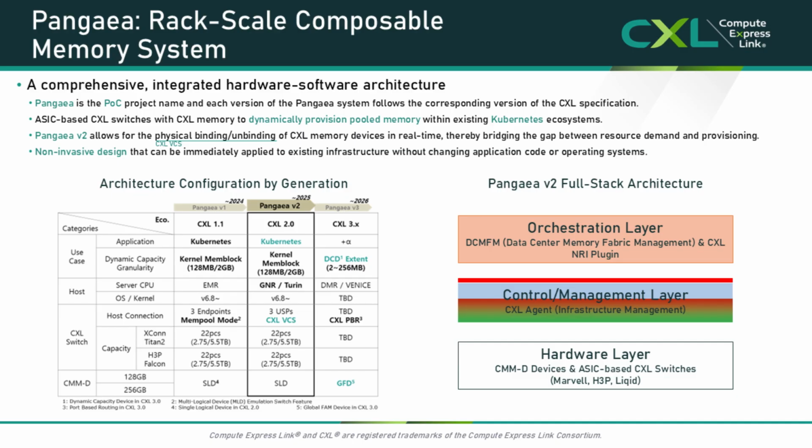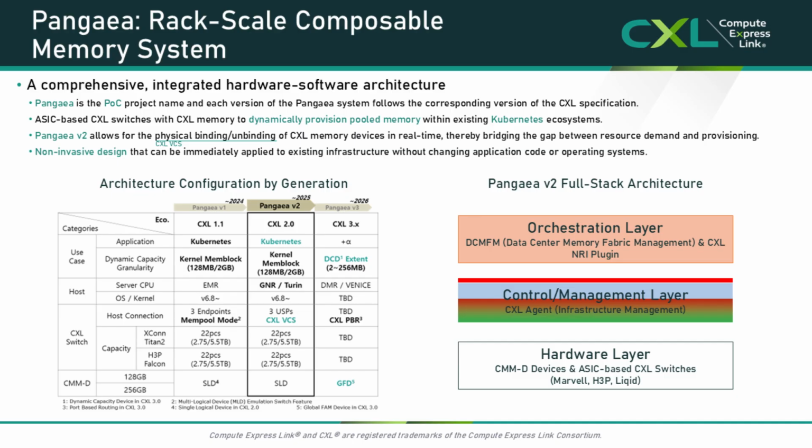Traditional virtualization and container platforms require memory to be statically allocated at the time of instance creation, a practice that directly contributed to the 23% average utilization rate observed in major cloud clusters. Pangea allows the physical binding and unbinding of CXL memory devices to worker nodes in real time, thereby bridging the gap between resource demand and provisioning.